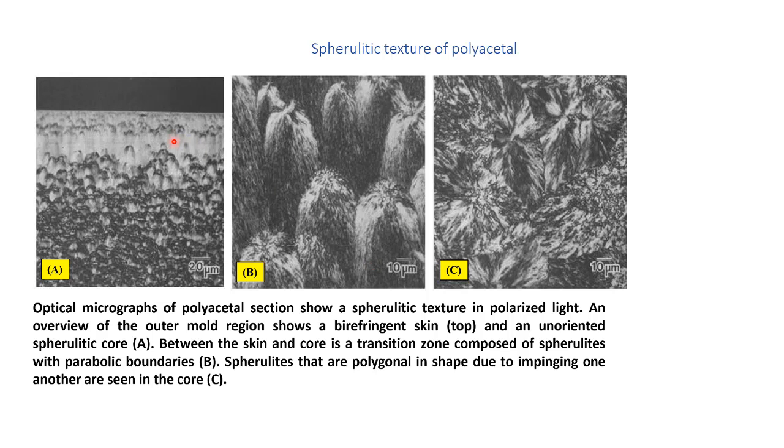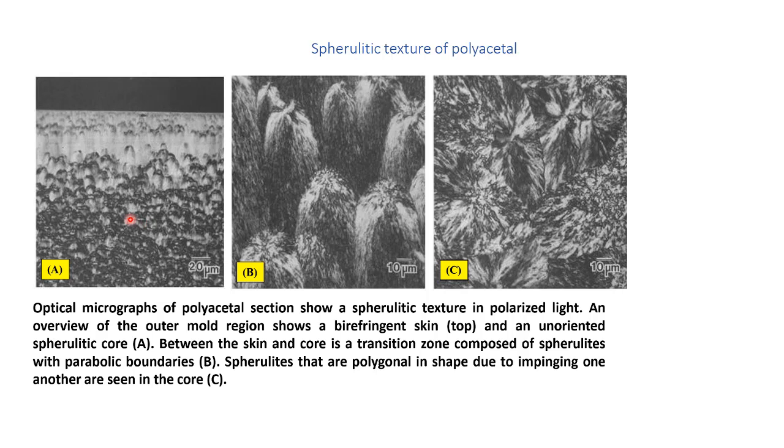So this is a cross section of a polyacetal polymer, and we can see the spherical texture here also. This is the birefringent skin of the material, and an unoriented core.